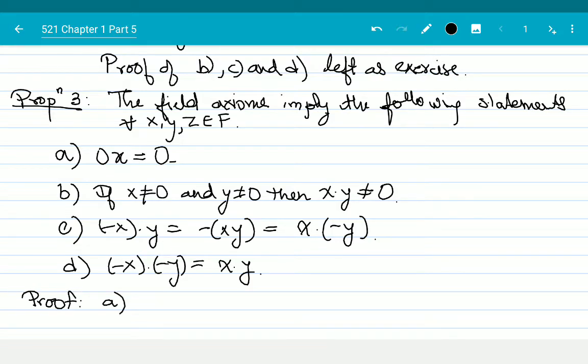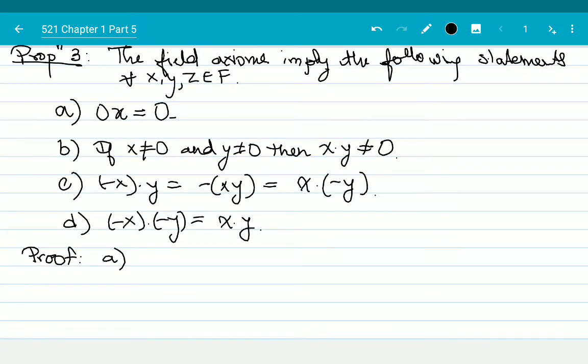Proof of A. So first, we used addition. Second, we used multiplication. For the third proposition, we are going to be using the distribution property. So 0x plus 0x is equal to, by the law of distribution, 0 plus 0 times x, which by one of the axioms of addition, 0 plus 0 is actually 0, so 0 times x.